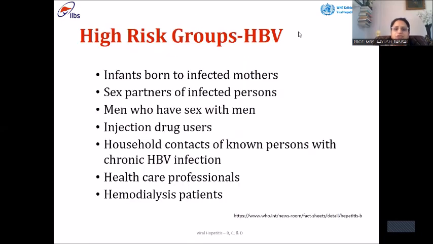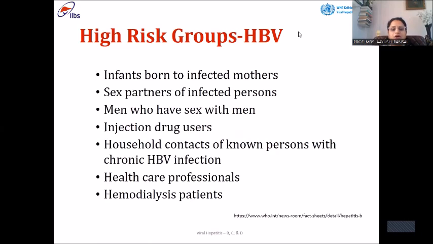High risk groups of HBV. Infants born to infected mothers: if the mother is already infected with hepatitis B virus, the infant may be prone to get infection from the infected mother.